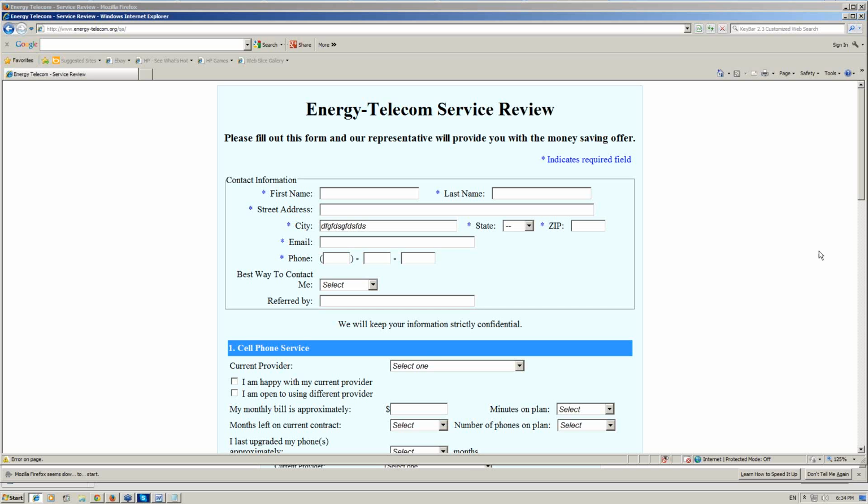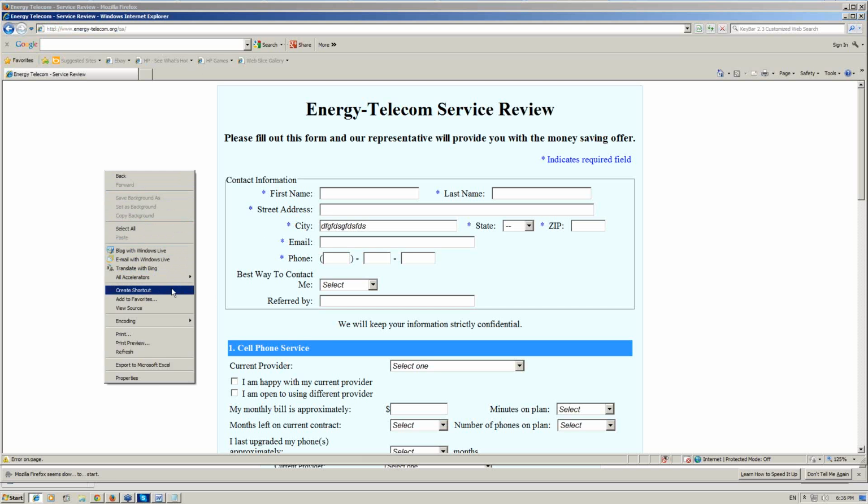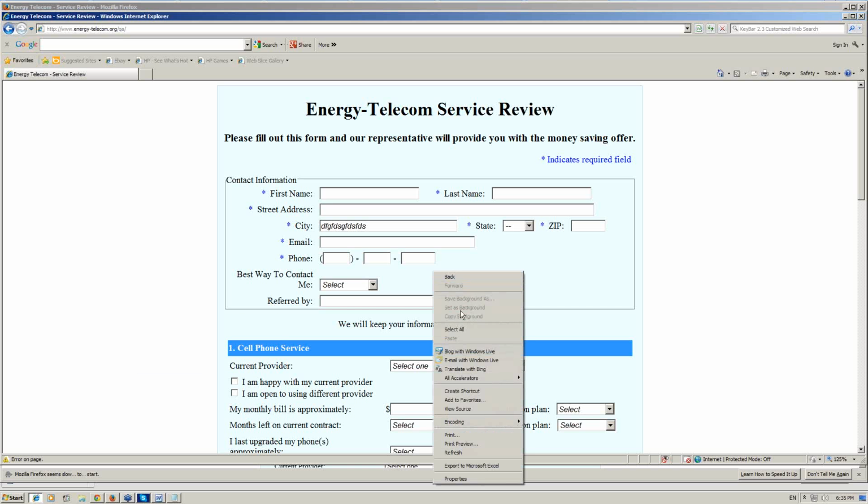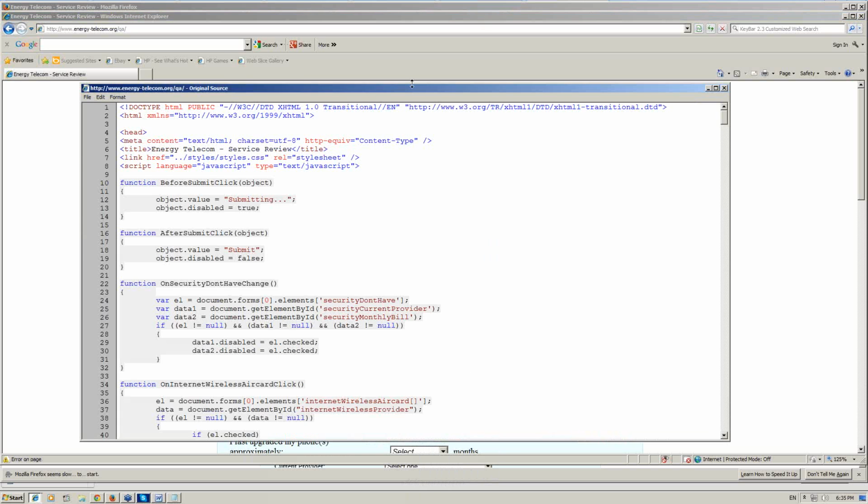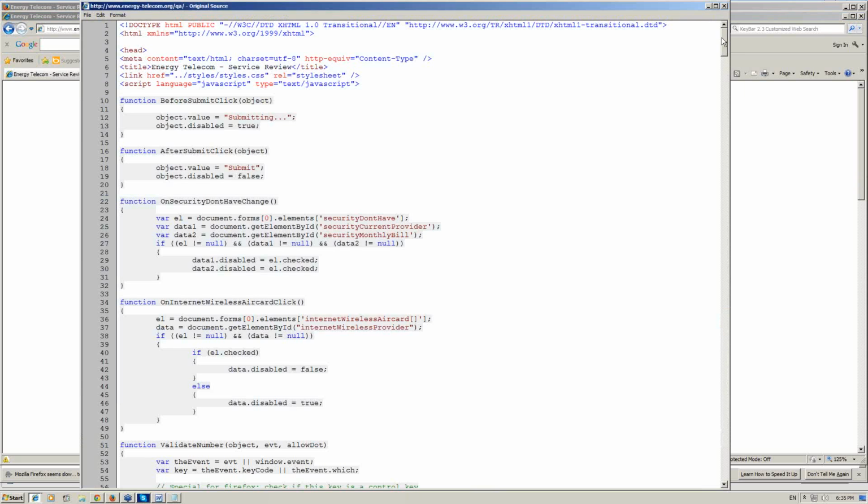What do we have here, guys? We have the exact same source code. Look, it goes to the exact same page. If I say, show me that code, view source, and it shows me the source code. Guys, the source code is the same.